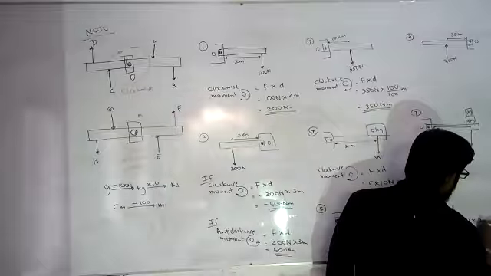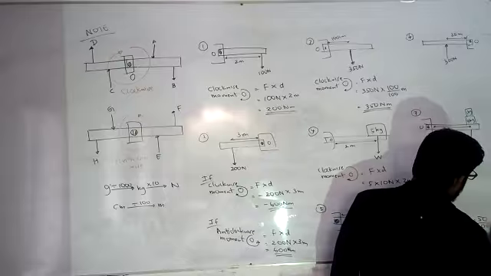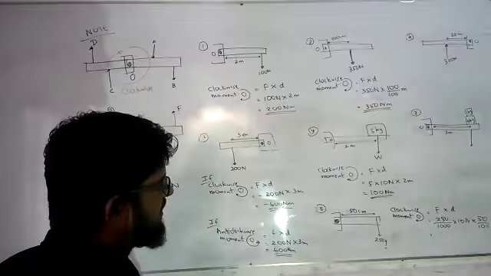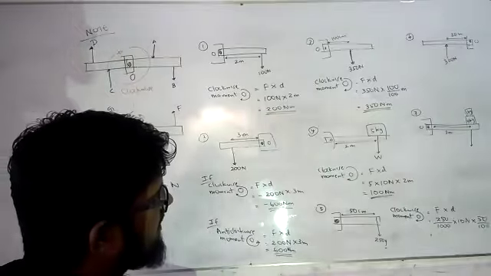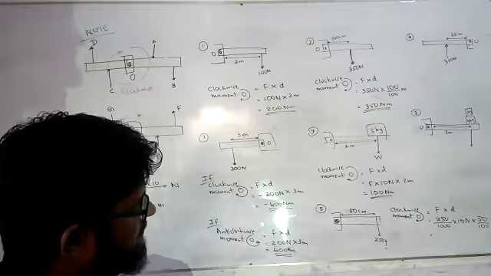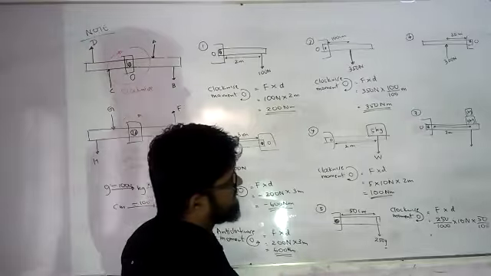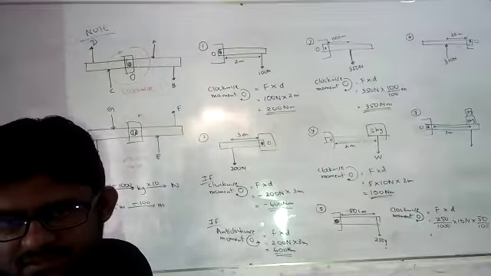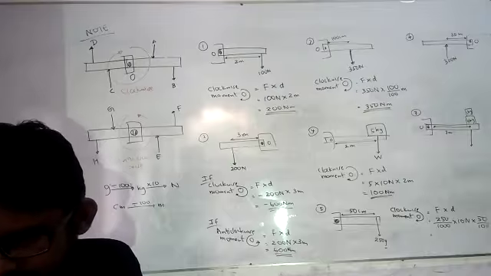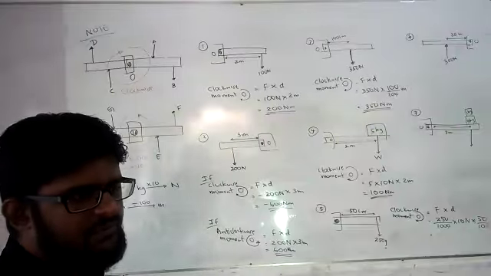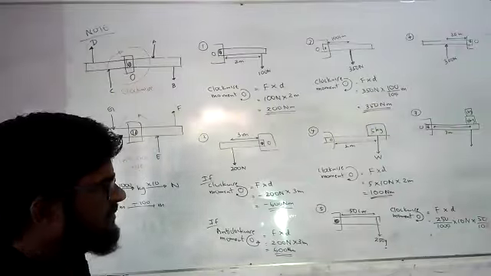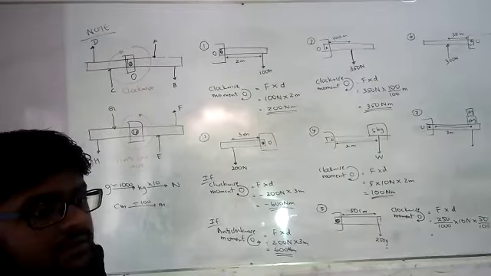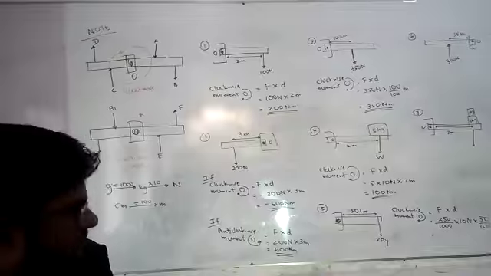So 50 over 100 is the meter. 250 divided by 1000 into 10 is 2.5. 2.5 into 0.5, how much is it? 1.25.